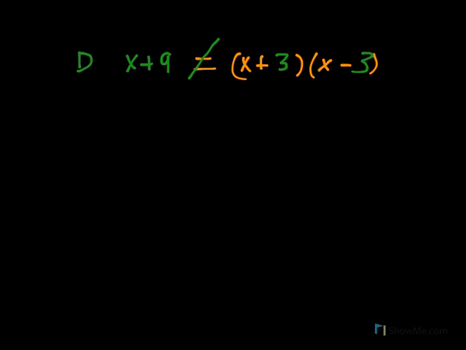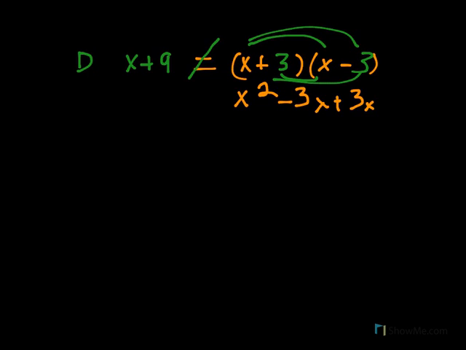If you actually FOIL this, x times x is x squared. Then x times negative 3, that is minus 3x. And then 3x times x, that is positive 3x, okay? And then 3 times negative 3, that is just minus 9. If I combine like terms, like we did at the beginning when we were multiplying polynomials, these two terms will cancel because negative 3x plus 3x is just 0, and you end up with x squared minus 9.